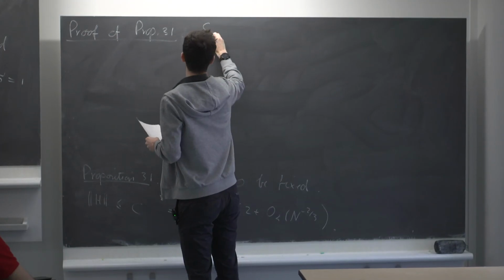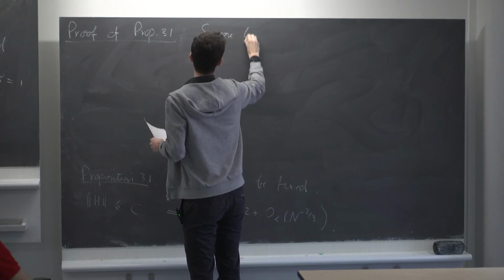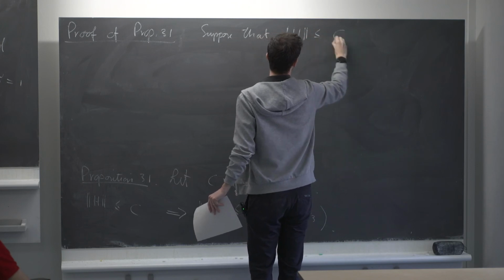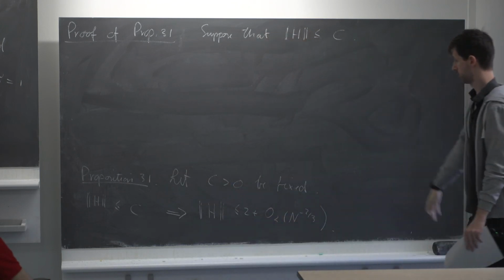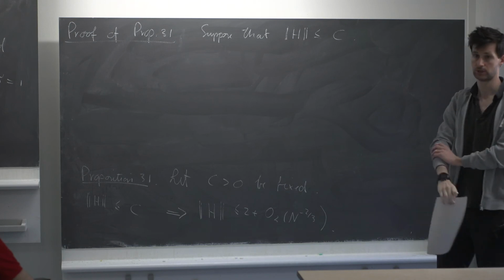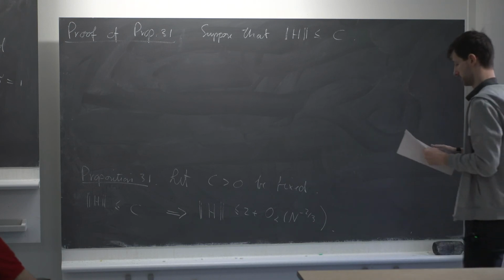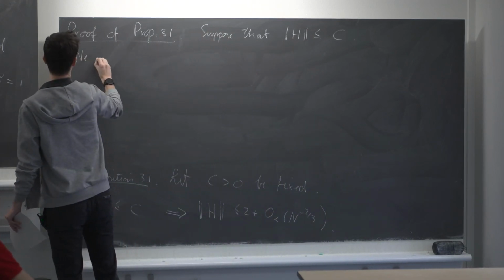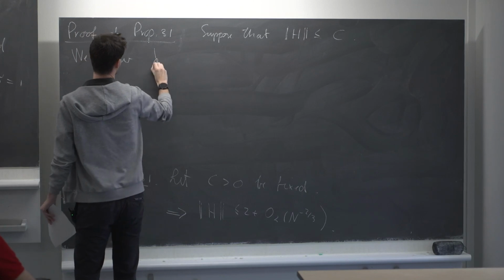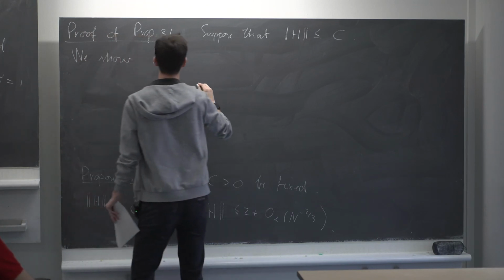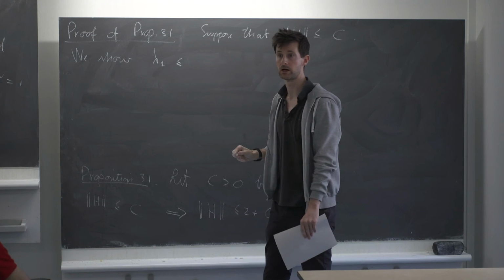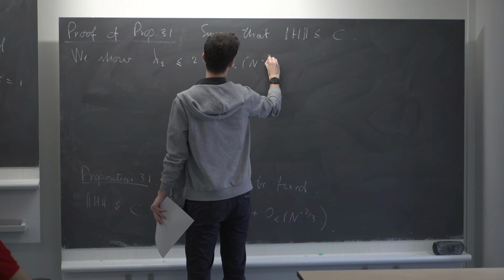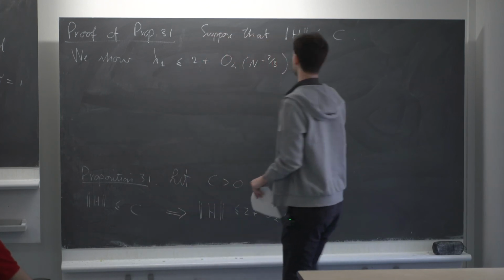So let's suppose that, so I will suppose throughout the proof that my H in norm is bounded by C. So then we show that the largest eigenvalue cannot be larger than 2 plus n to the minus 2/3.